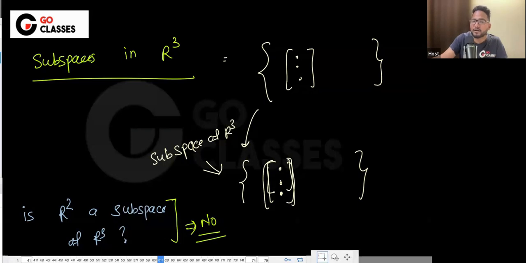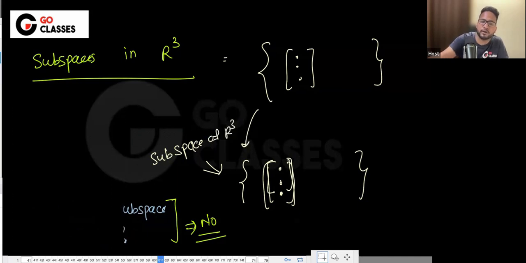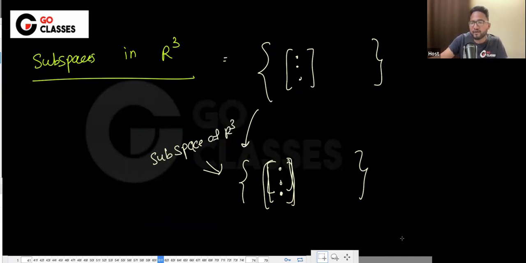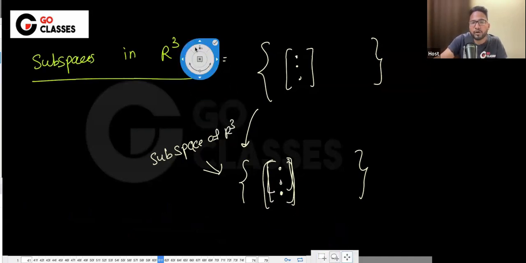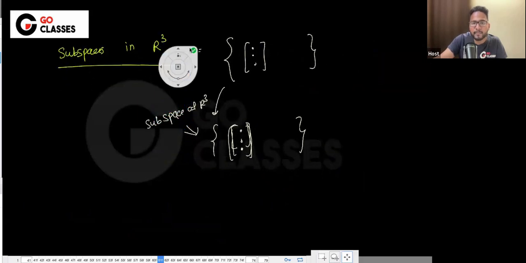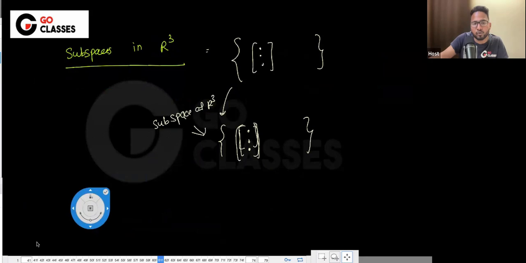Anyway, let's see the list of subspaces of R3. What are the subspaces possible in R3? For any vector space, there have to be 10 conditions. You might remember, right? But we do not need to check all 10 conditions again.